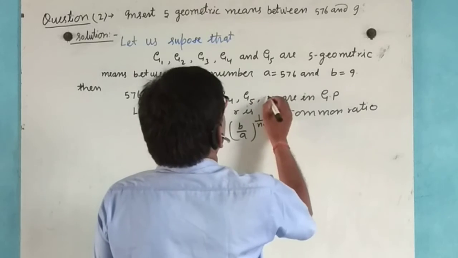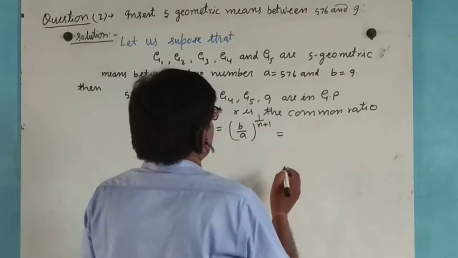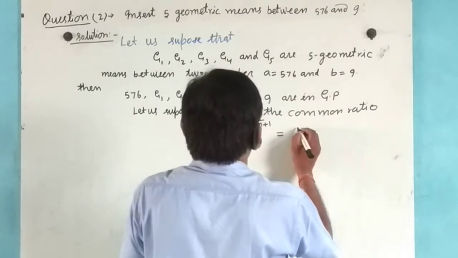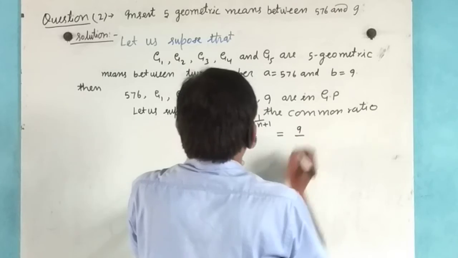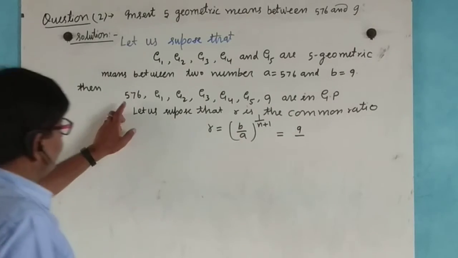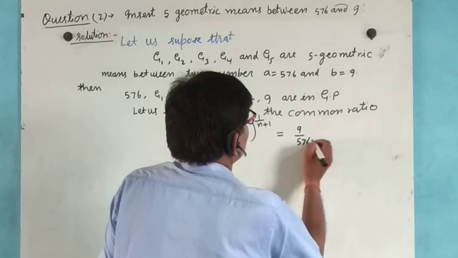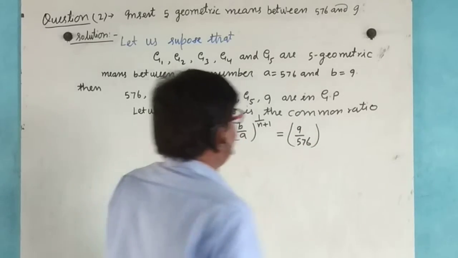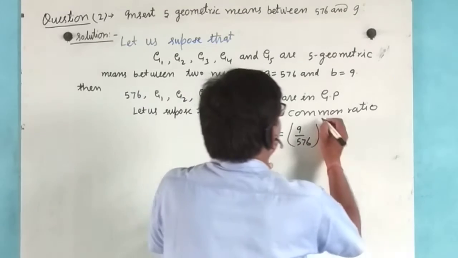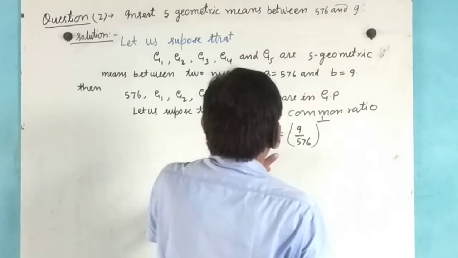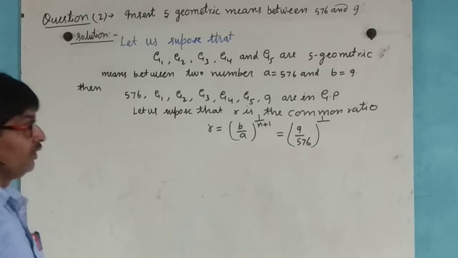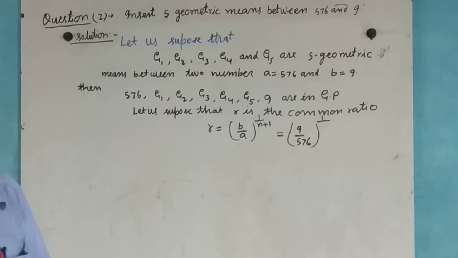So 9 by A, that is 576, to the power 1 by n. N is the total number.